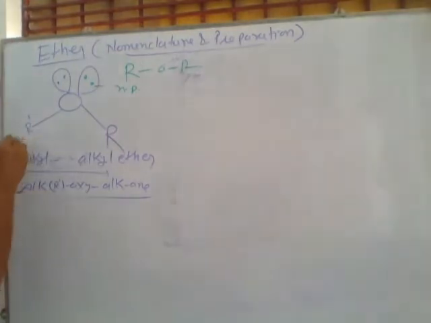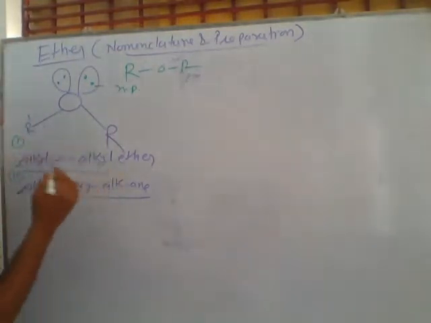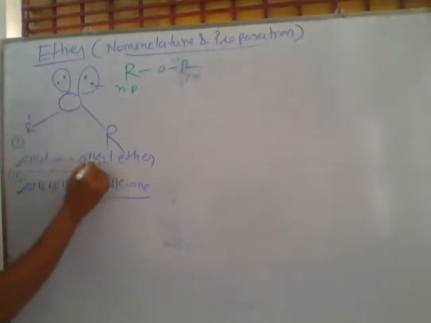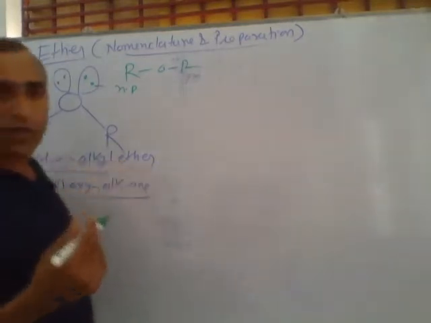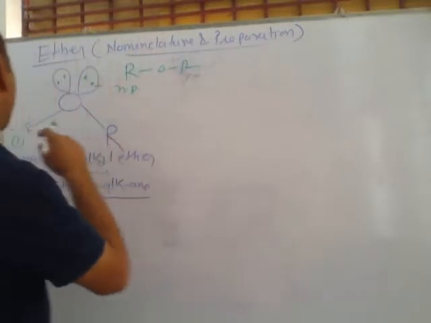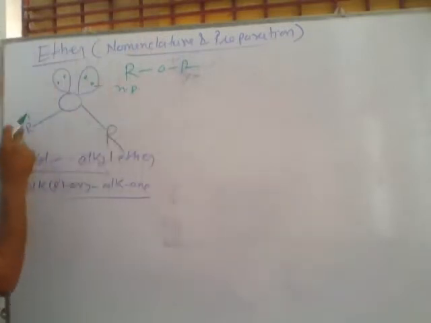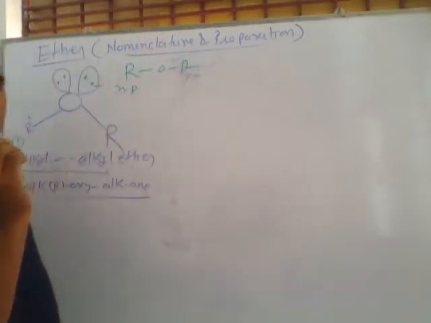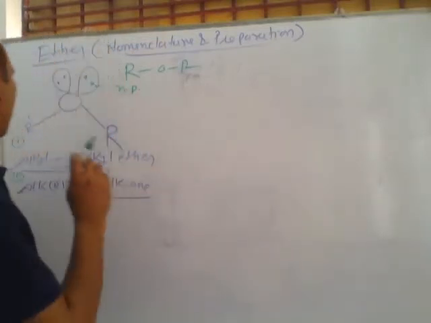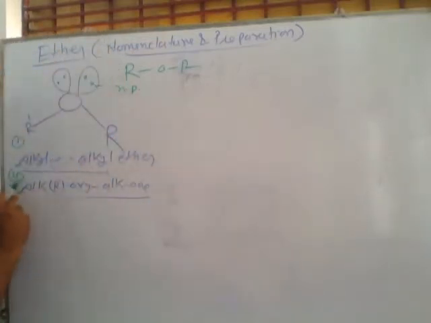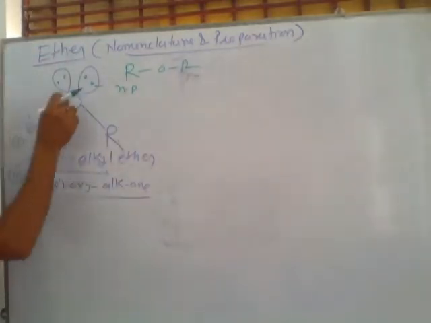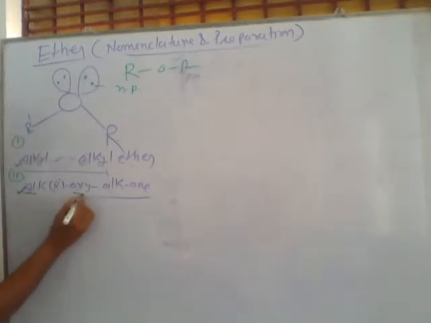So if we want to write the name, there are 2 systems. In the common name, the general name, we use alkyl ether with the alkyl groups in alphabetic order. Suppose these are 2 different alkyl groups, so we write their names in alphabetic sequence. But in the IUPAC system, suppose this is small r, this is large R. For small r, we use alk along with oxy.